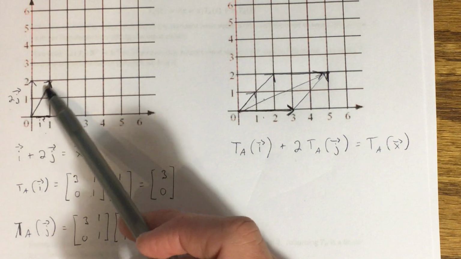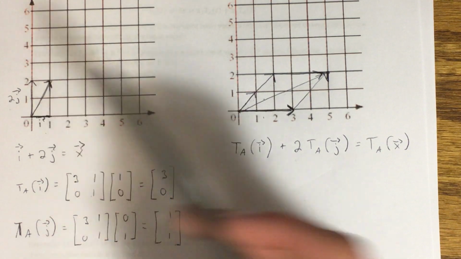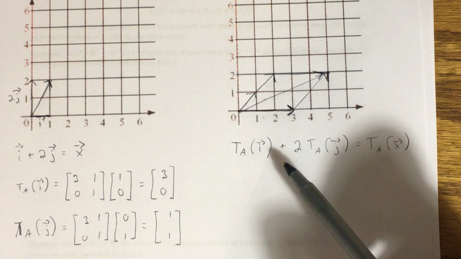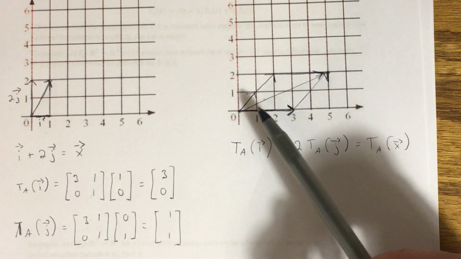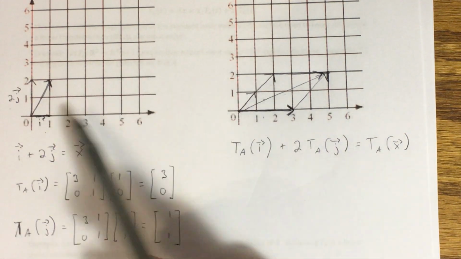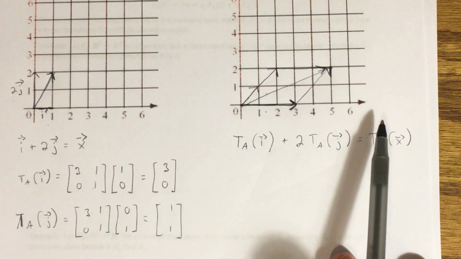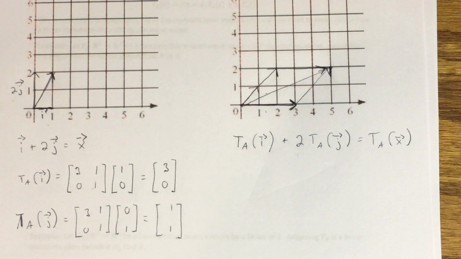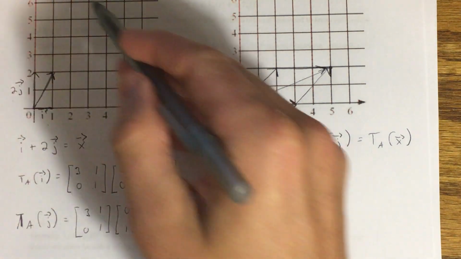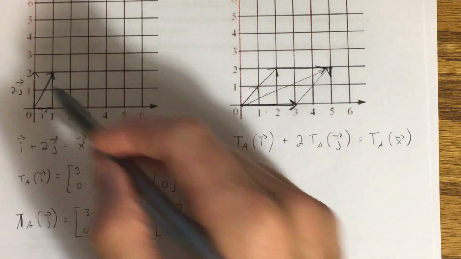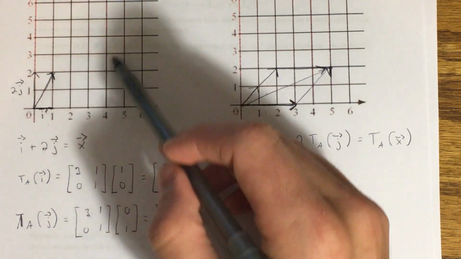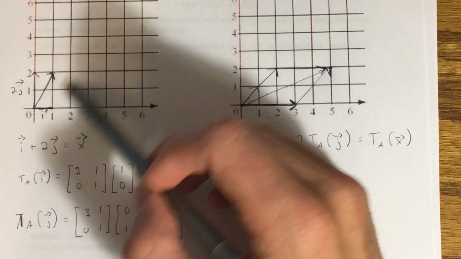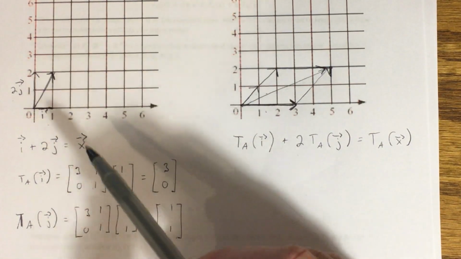If I plug a vector x into my linear transformation, its output, T of A of x, can also be called the image of x. It's what happens after plugging something into a linear transformation. The term image is also used for sets of vectors. Let's suppose I had an entire region, maybe a circle in here, and all of the points in that circle might correspond to terminal points of some position vectors.